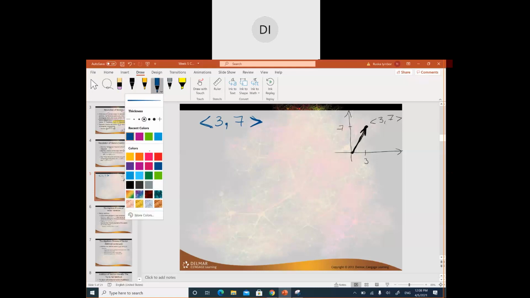You have rectangular, you have polar. So one way of representing the vector is the point 3 and 7, right? The coordinates are 3 and 7. Another way to represent this vector is using this distance. How long is this?